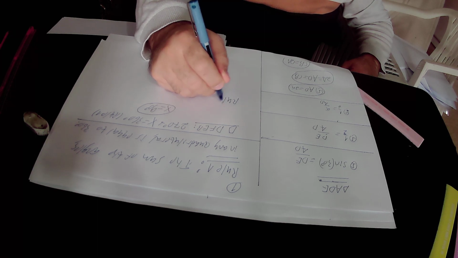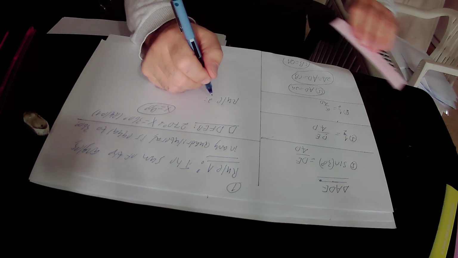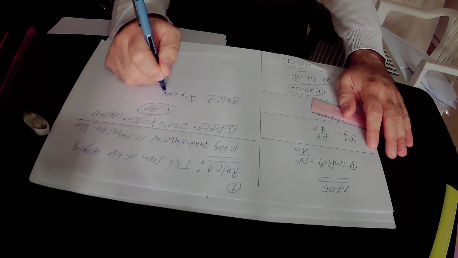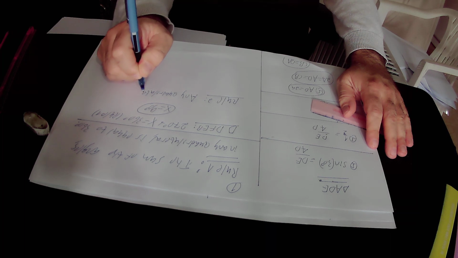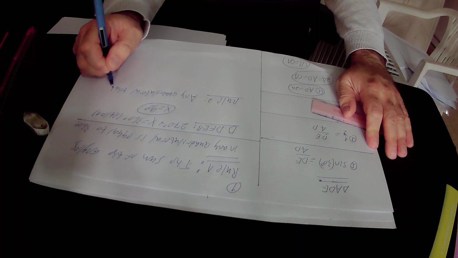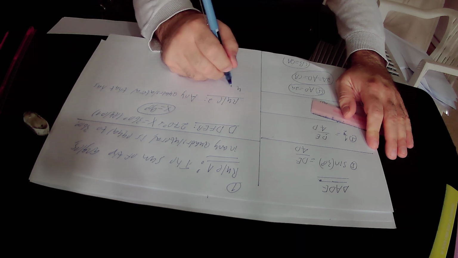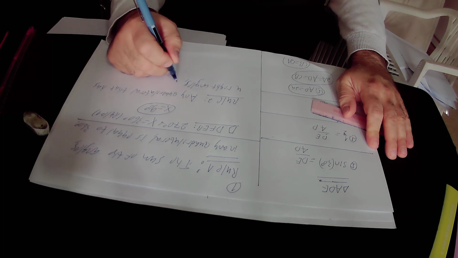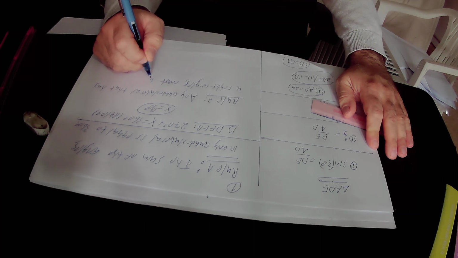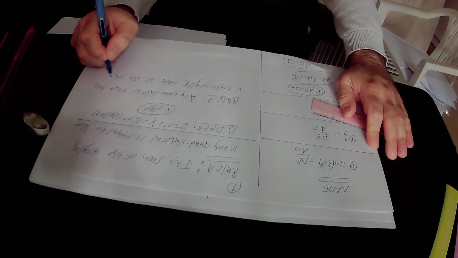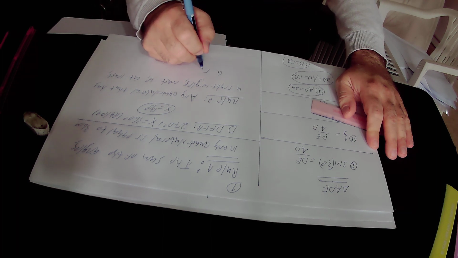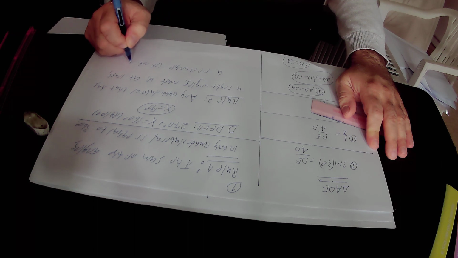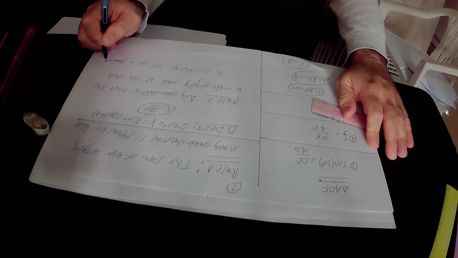According to rule number 2, any quadrilateral that has 4 right angles must be at least a rectangle, if not a square. So if not a square, it must be a rectangle.